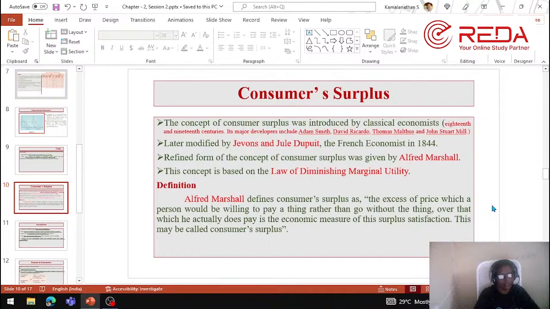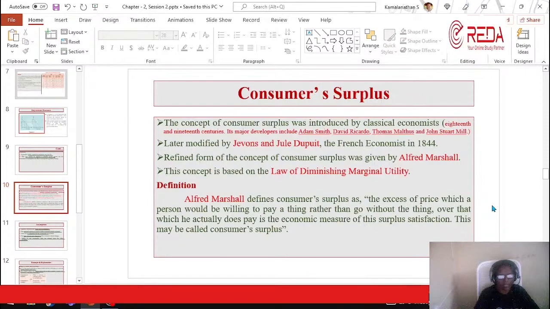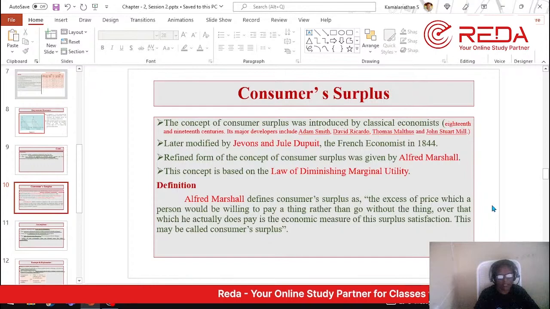Here Alfred Marshall defines consumer surplus as the excess of the price which a person would be willing to pay for a thing rather than go without the thing, over that which he actually does pay, is the economic measure of this surplus satisfaction. This may be called consumer surplus.